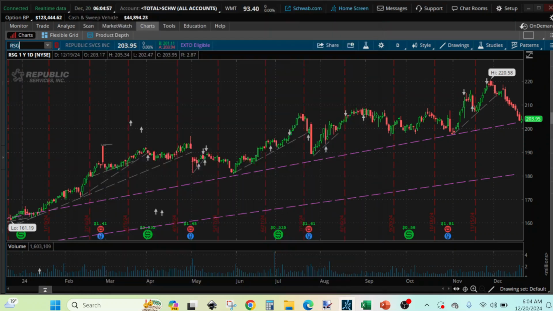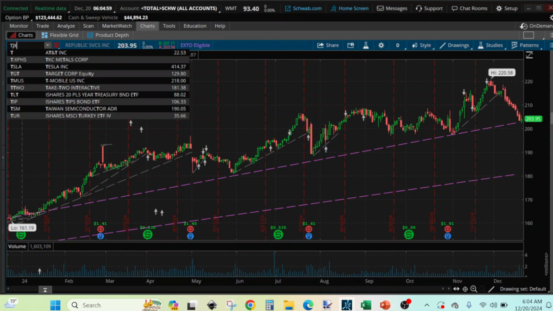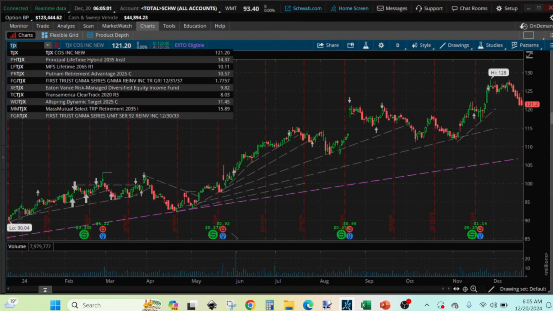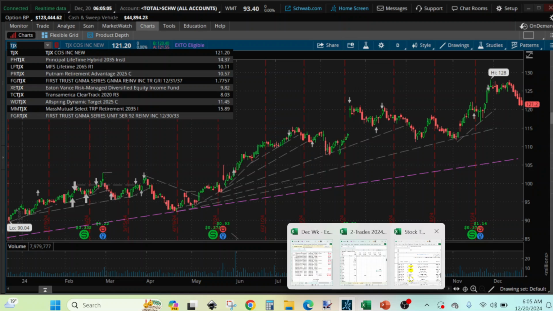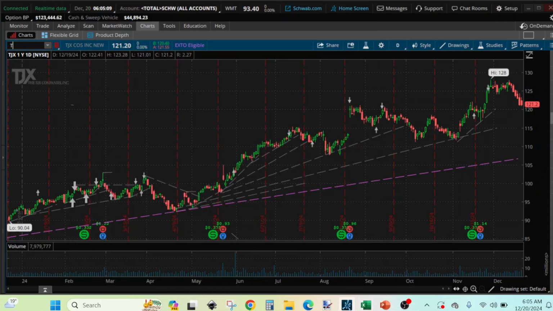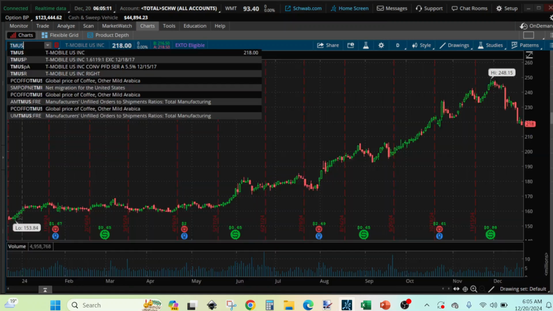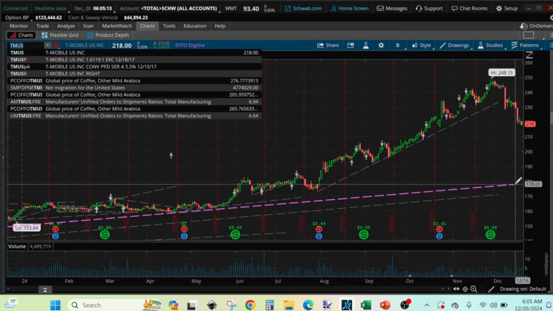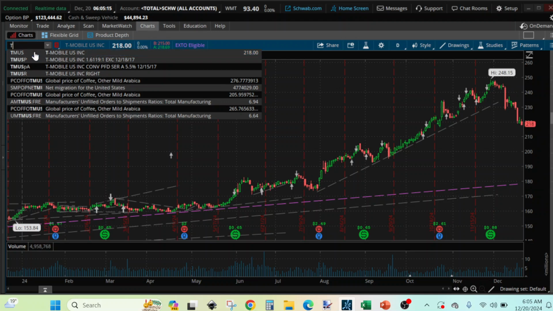TJX, you like to buy it on this line. It's not there. TMUX, you like to buy it on that line. It's not there yet.